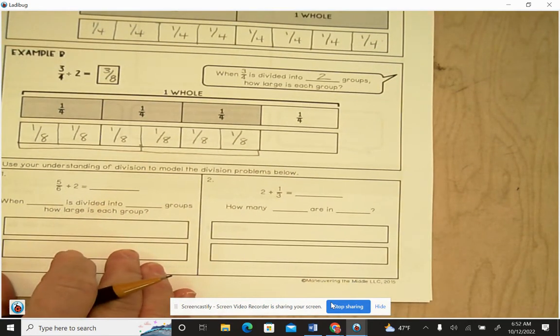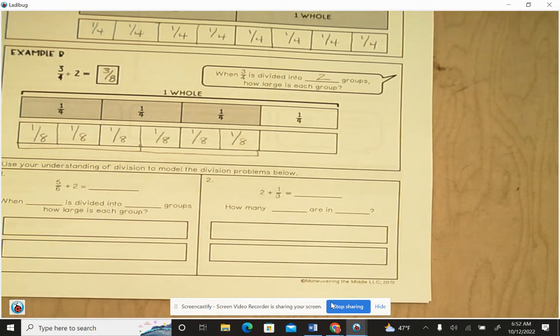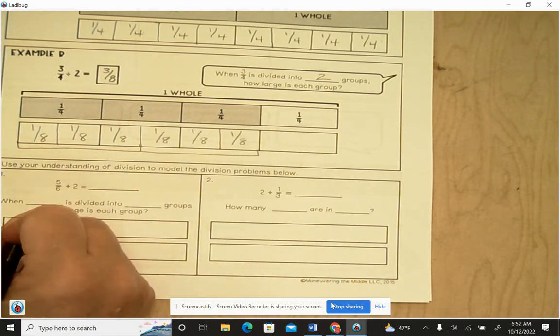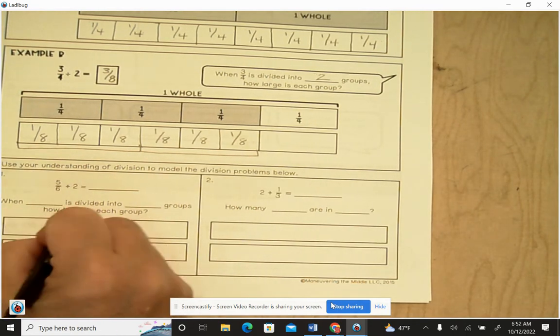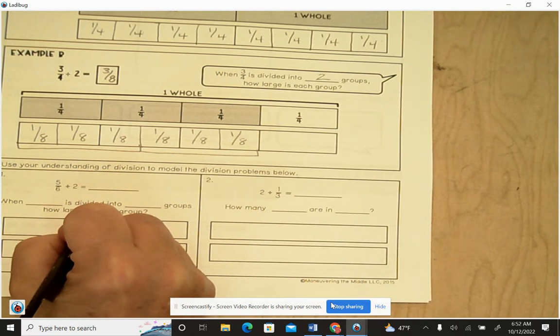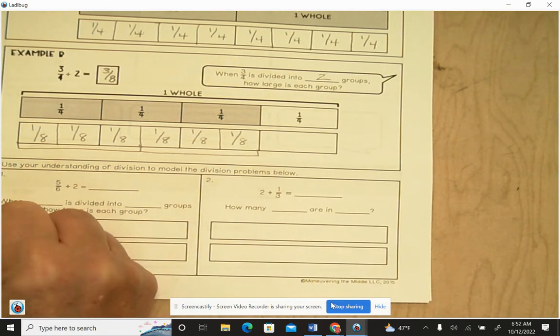All right, down at the bottom. Use your understanding of division to model the division problems below. Okay, so the first problem says 5/6 divided by 2. So we've got to make this first one. Let's try to get our sixths here.